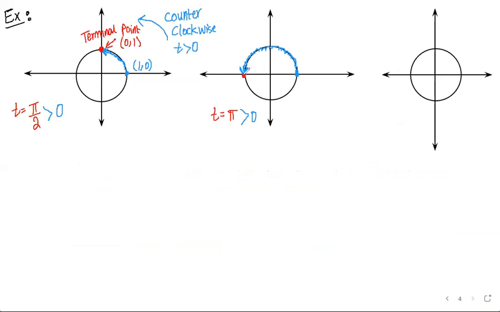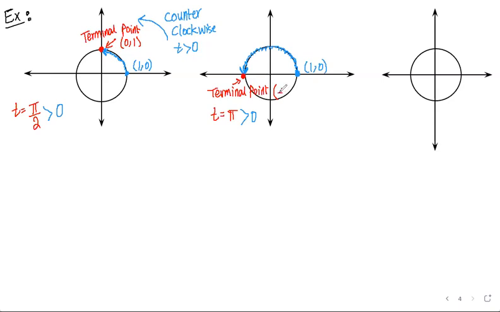This point here is my terminal point. And here is my starting point, (1, 0). So what is my terminal point? It shows here. This point is 0 and 1.